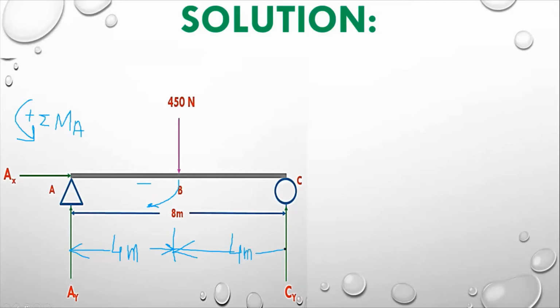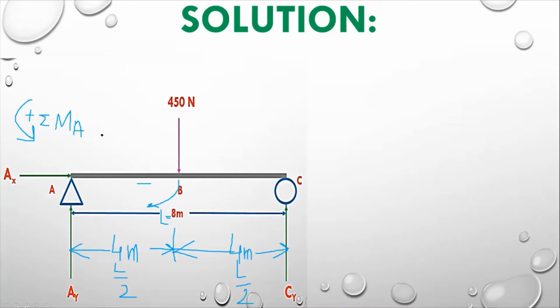So 8 meter will be divided into 2. If I say L equals 8 meter, this will be L by 2, and this will also be L by 2. So we have to sum up moment at A.